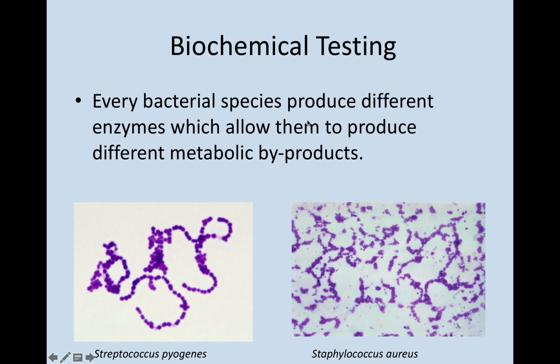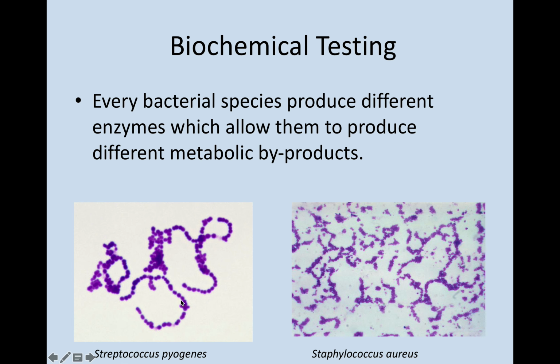Like I mentioned, enzymes are important for biochemical testing as well. Since every bacterial species produces different enzymes, this allows them to produce different products. It gives them different metabolic byproducts. Here's a slide showing you Streptococcus pyogenes, and here's Staphylococcus aureus. Gram staining and microscopic visualization alone is not enough because these organisms can look very similar to one another.